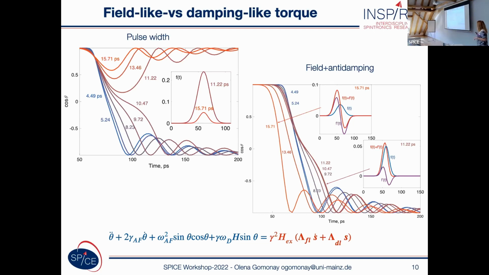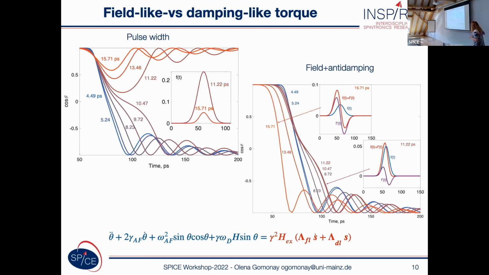So what you see here, we modeled the dynamics of the system for pulses with the same time duration, and for all possible pulse widths we get reliable switching. And the reason is very simple.